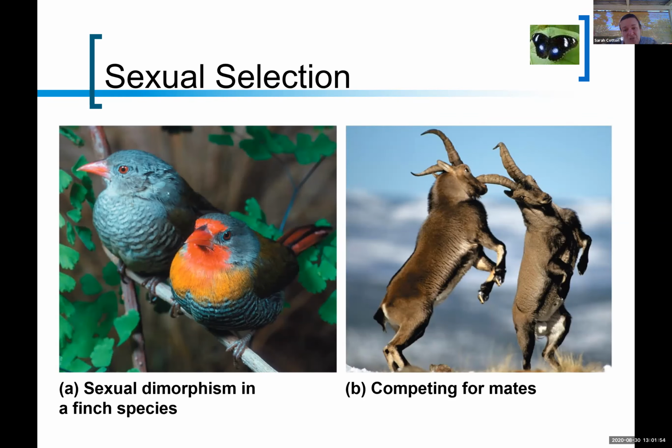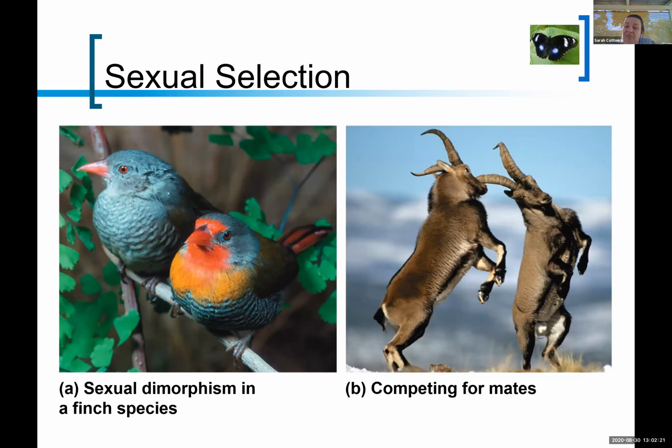We also see sexual selection in animals. In a lot of mammals, we see it with antlers and horns and stuff like that. So these males are competing for mates, right? And so the bigger your horns and antlers are, the tougher you're going to be, and you're more able to fight with the other males so that you can control the pack of females, right?